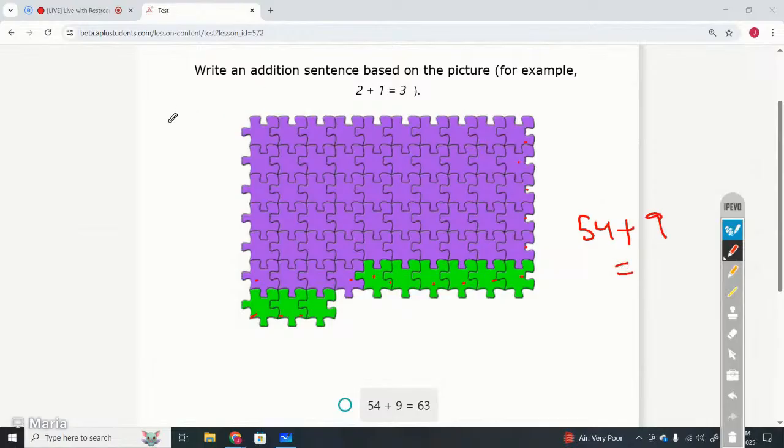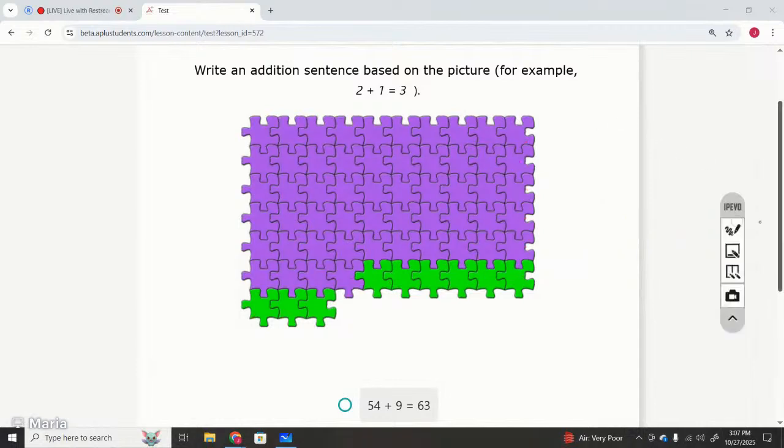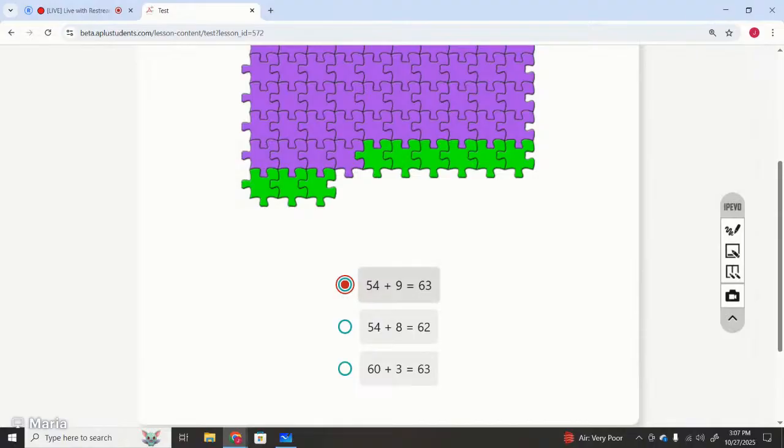So their sum is 60 and 3, 63 it is. Option number 1 is the correct option.